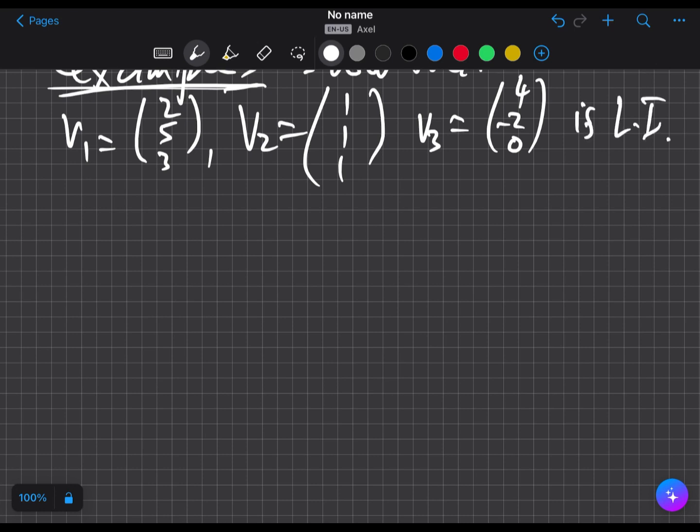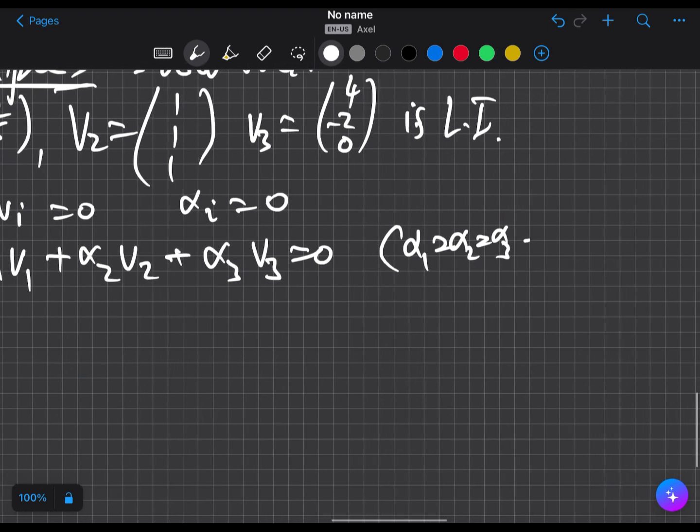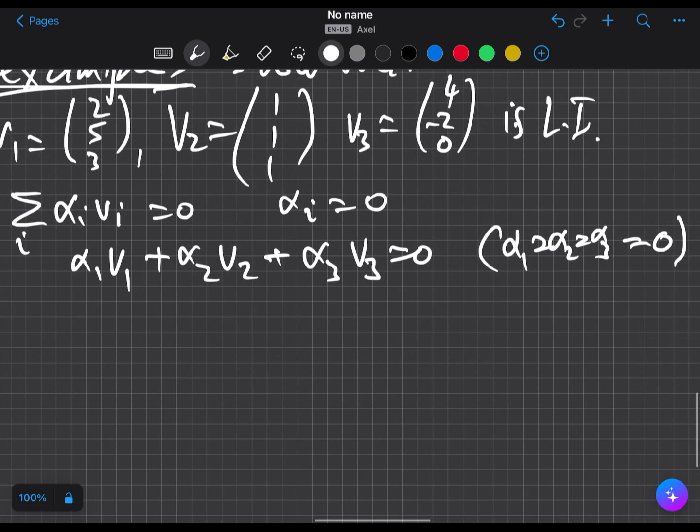Okay, so we say that a set is linearly independent if the sum of alpha_i v_i equals 0 with all the alpha_i equal to 0. So in this case, they are linearly independent if and only if alpha1 v1 plus alpha2 v2 plus alpha3 v3 equals 0 with alpha1 equals alpha2 equals alpha3 equals 0. That's the condition to be met.